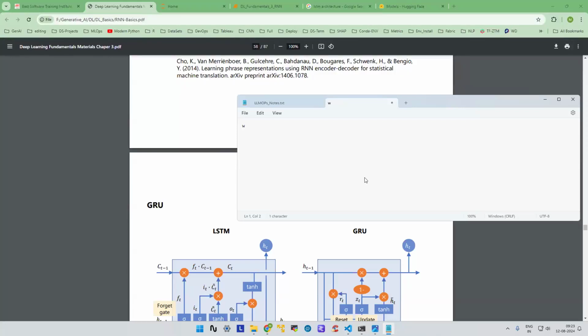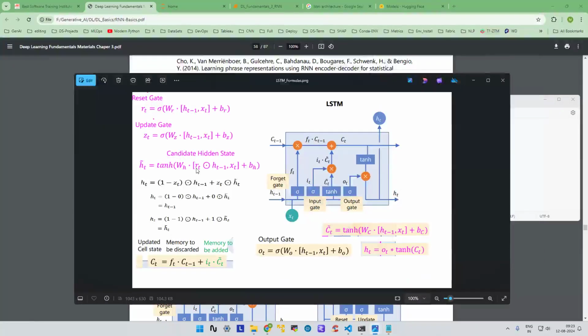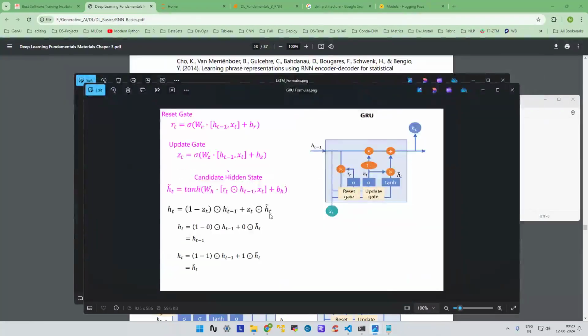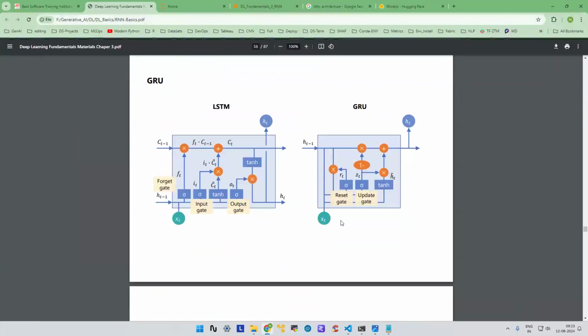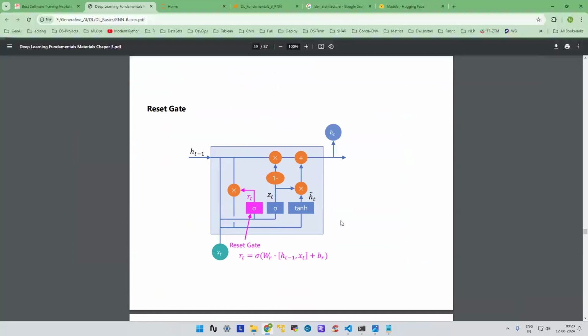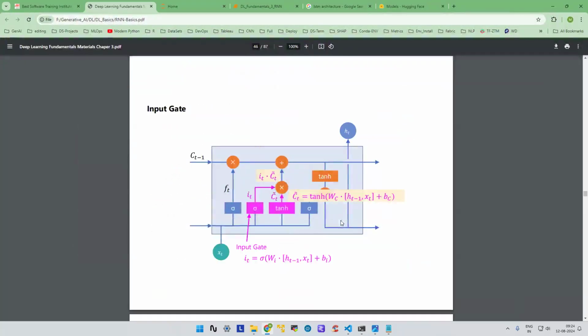There are weights, right? Suppose WF, the forget gate, has, let's take, 0.2. You can see the forget gate here.